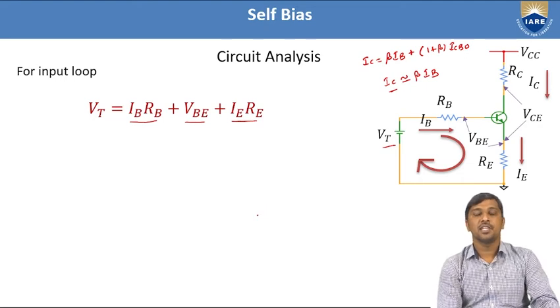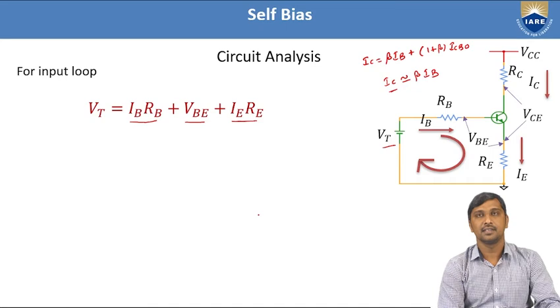From this, we need to identify how much base current flows. To observe this base current, we first need to convert the unknown parameters in terms of the required parameters.